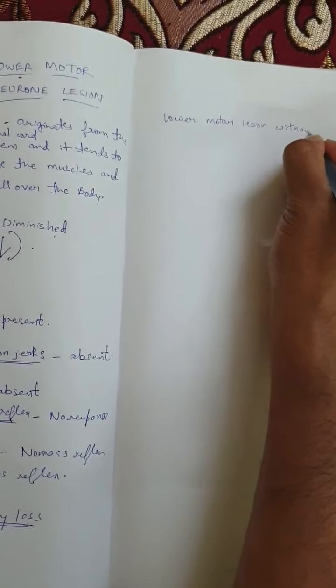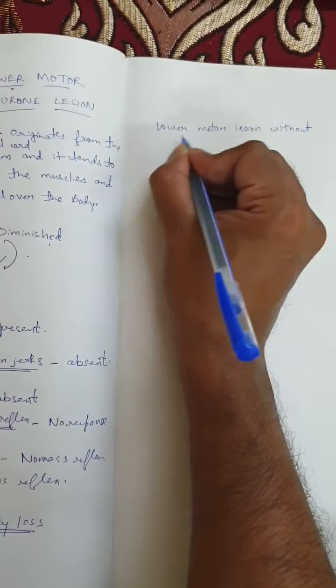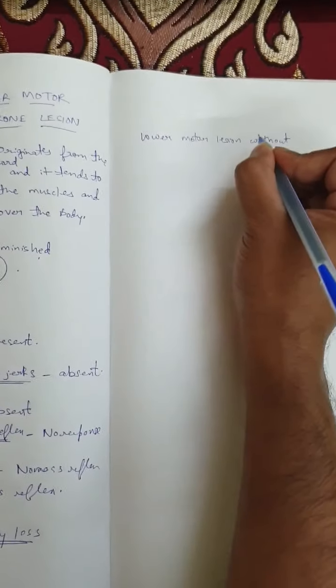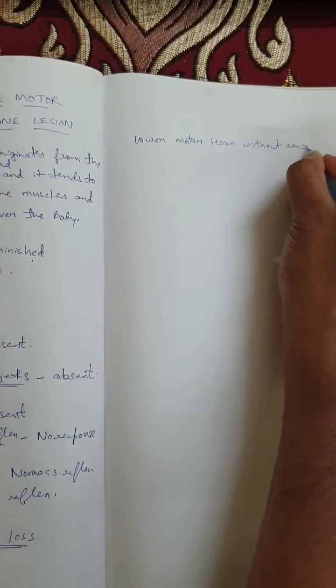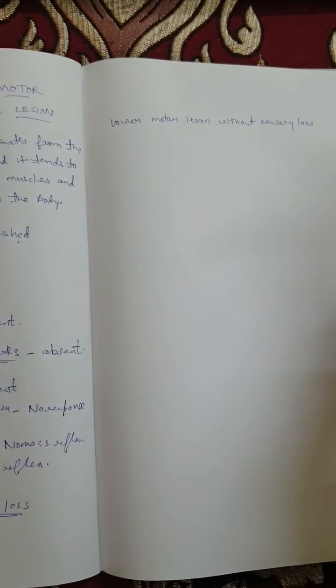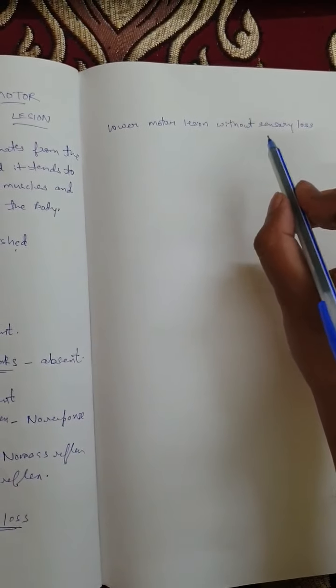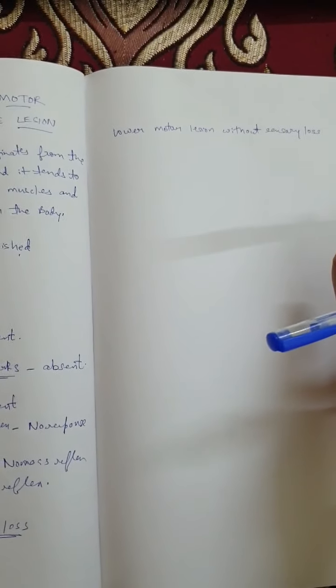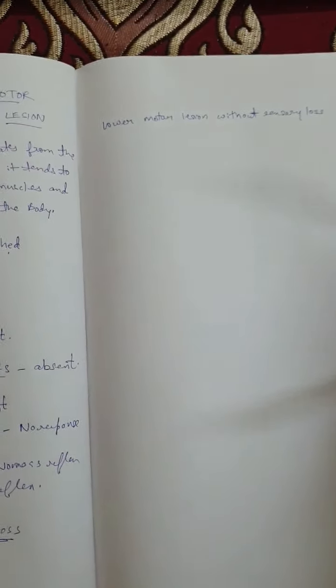Usually in lower motor lesion there is sensory loss, but in this case the lower motor lesion is present without sensory loss. Now people can get confused that if sensory loss is not there, how can you say that it is lower motor neuron lesion?